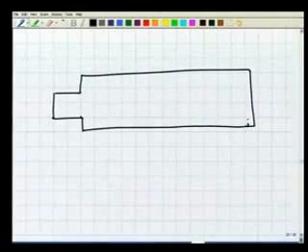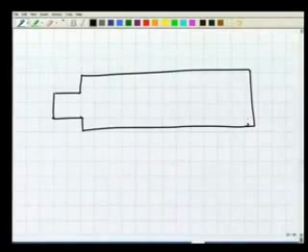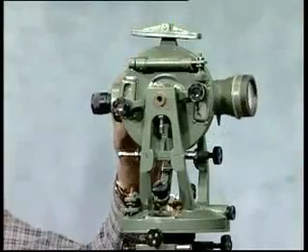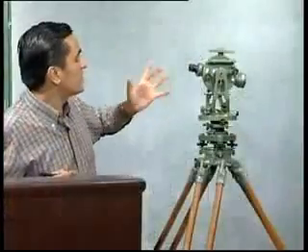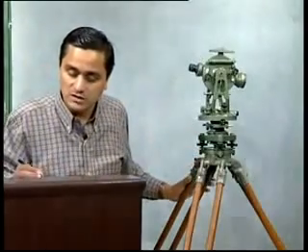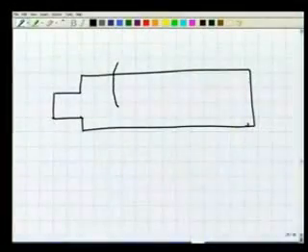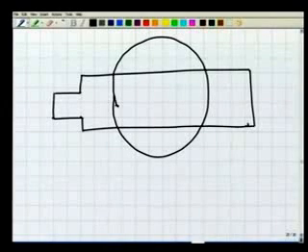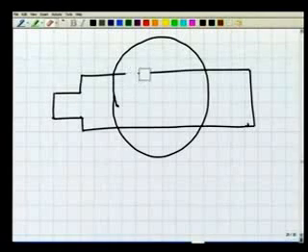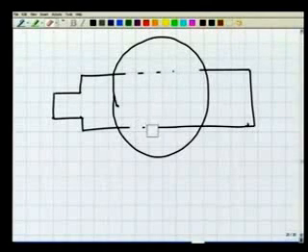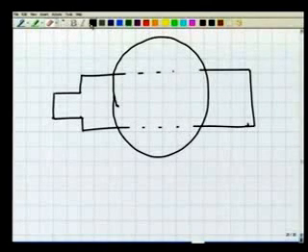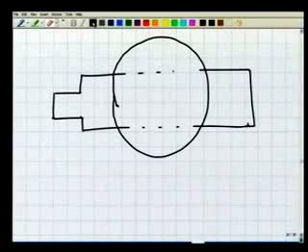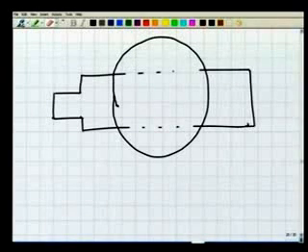As I told you, while we are rotating this telescope, a vertical circle is also rotating. This vertical circle is attached with the telescope, and it is graduated. I just show it like this so that you can have a feel of the telescope behind, and that's the vertical circle, and we have the graduations in the vertical circle.